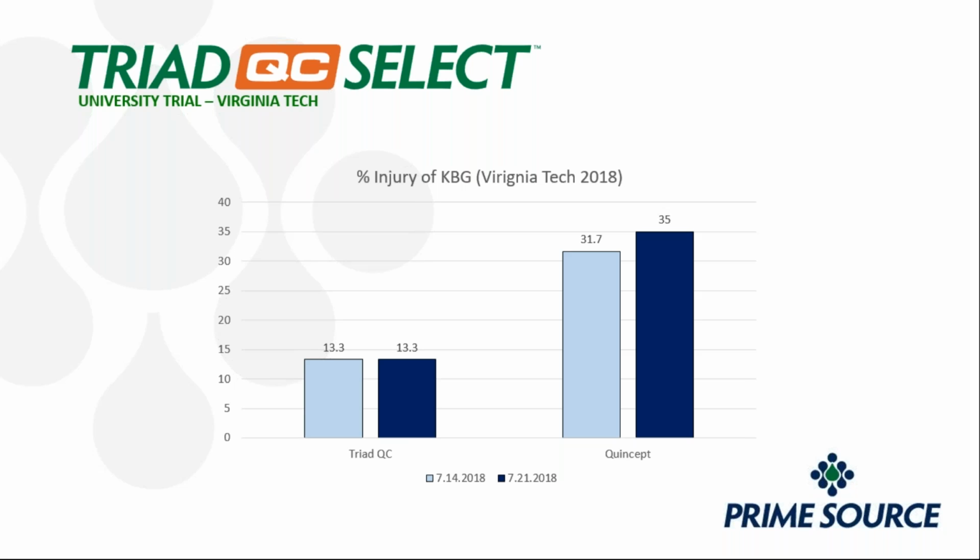We actually have more active ingredient in our Triad QC than what Quincep has in the market. So we do have a higher load, so you do get slightly more active ingredient. However, our product is safer. So we did this study on Kentucky bluegrass injury at Virginia Tech, and as you can tell, that's a pretty big difference when you get less than 15% injury to almost 35% injury.